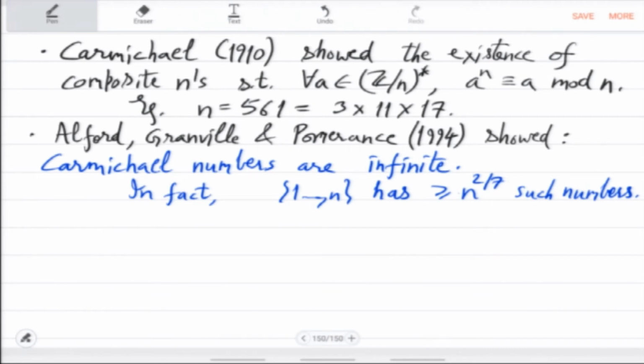So let's move to the first achievement, where mathematicians found a test that correctly works and identifies prime numbers. This is by Solovay and Strassen, as recent as 1974.